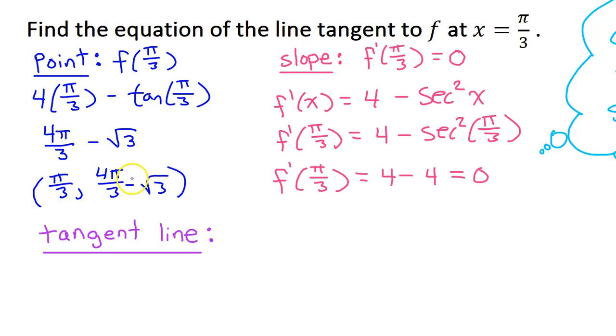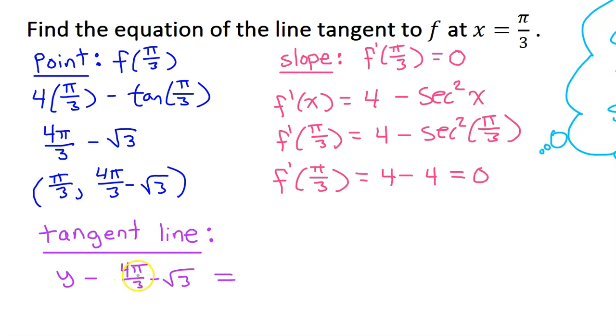Now that we have the point and the slope, we can write the equation of the tangent line, which will be y minus y. Now be careful, if I just write 4 pi over 3 minus radical 3 and I move on, this is wrong and I'm going to lose the point.